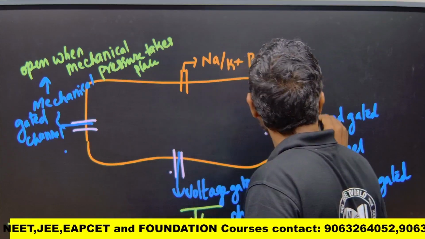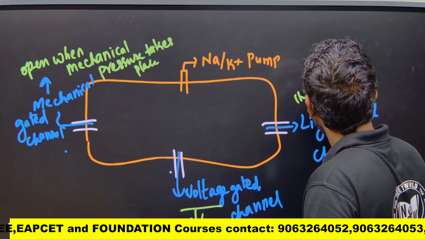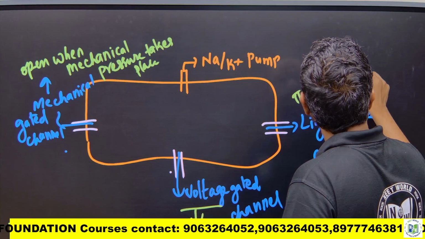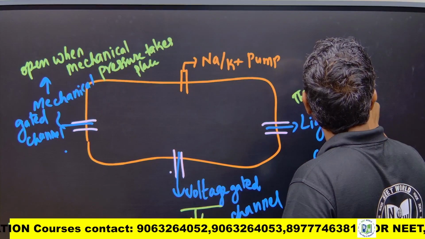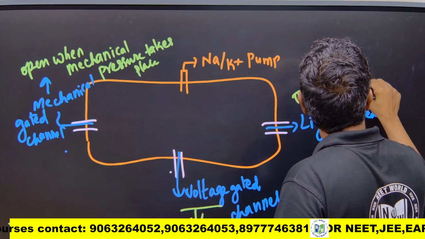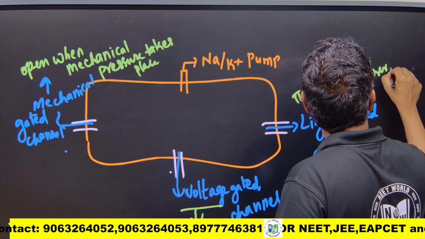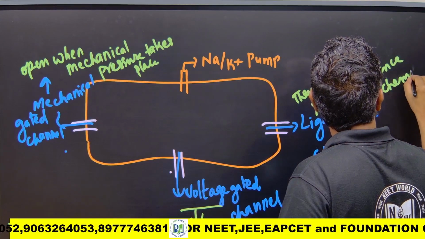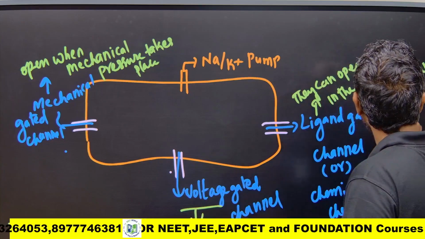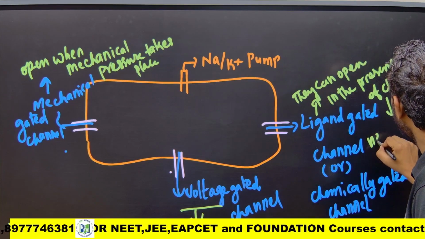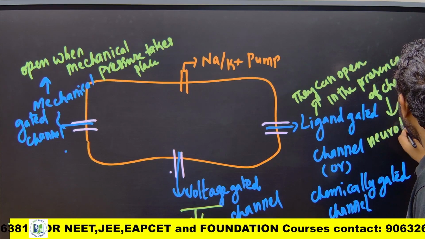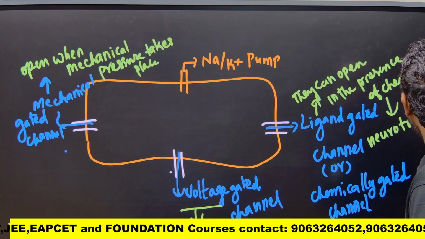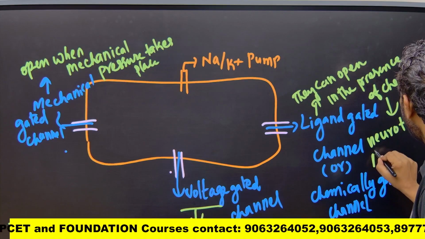Ligand gated channels open in the presence of a chemical, here a neurotransmitter, that is acetylcholine.